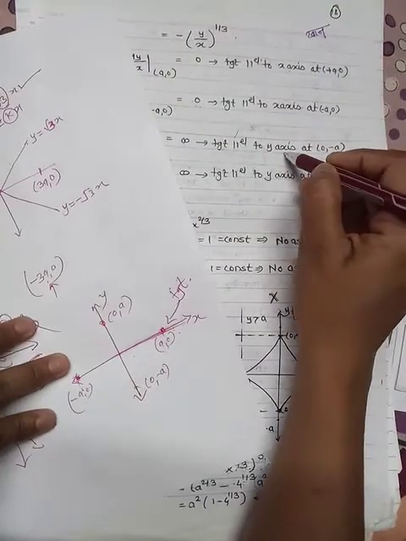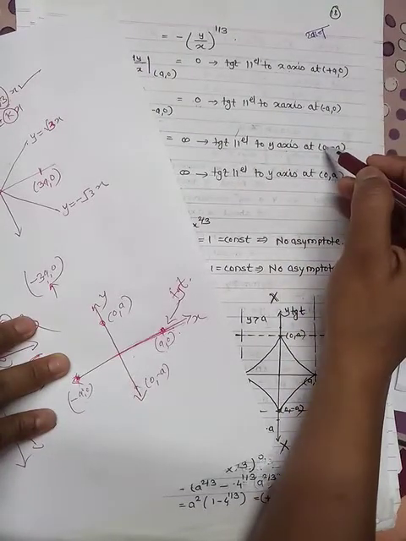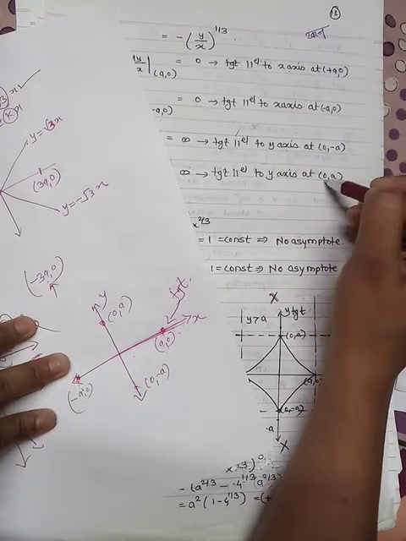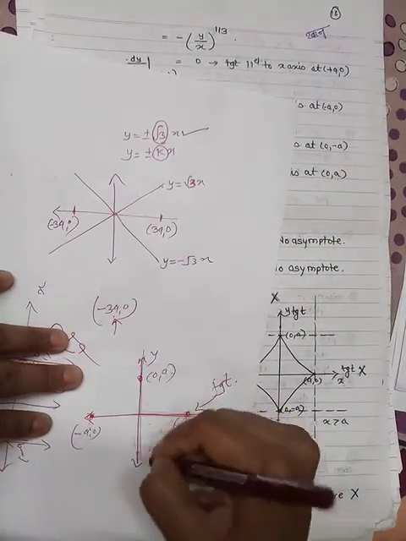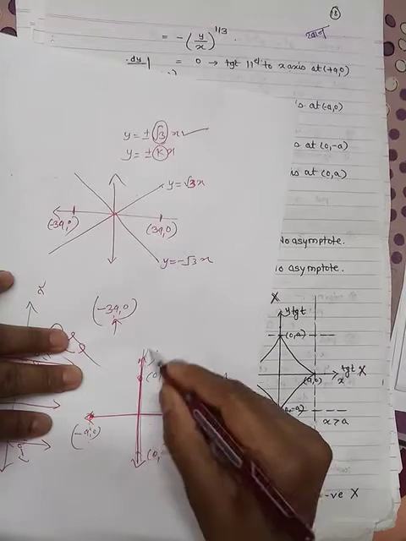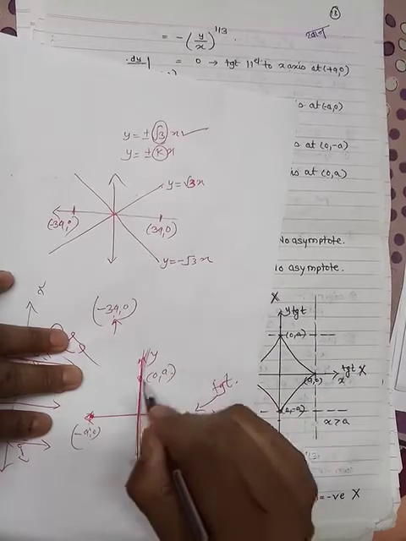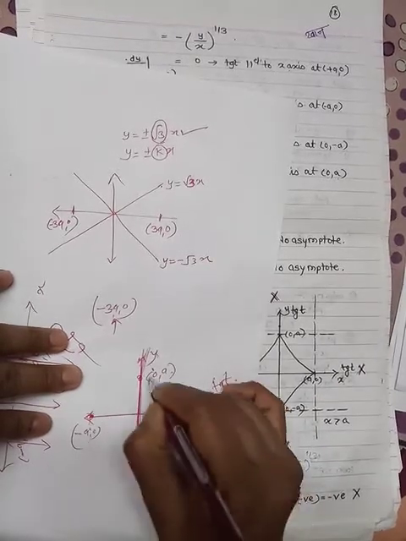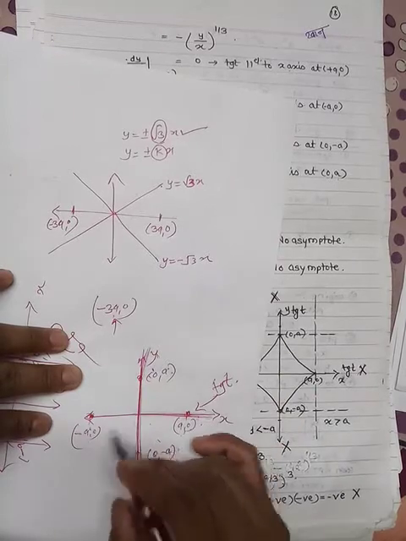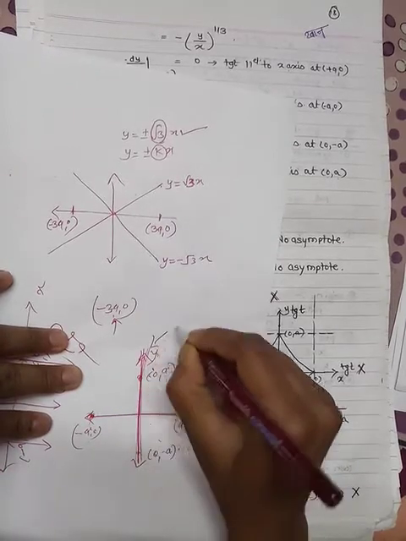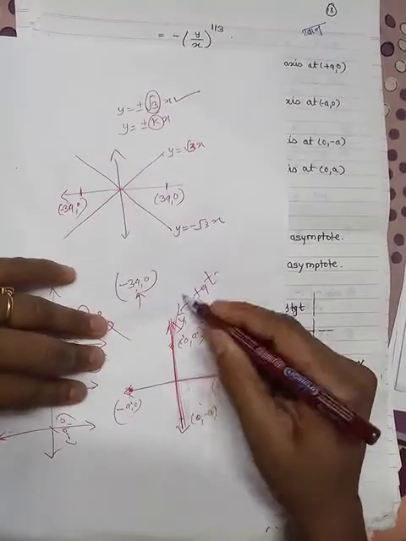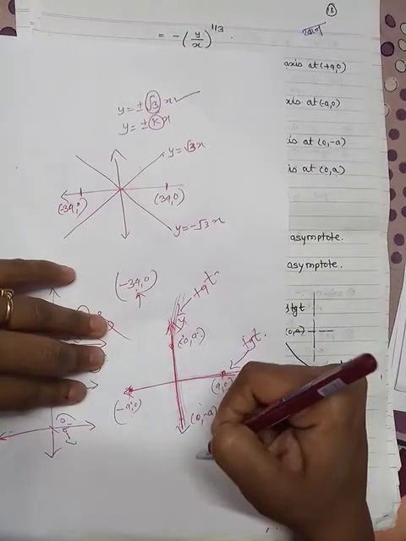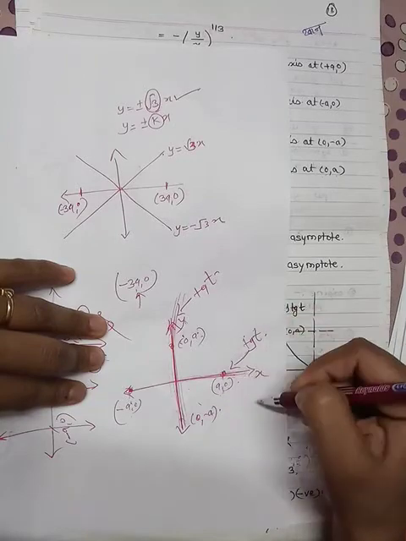Hence the x-axis is your tangent. Then the tangent parallel to the y-axis passing through (0, minus a) and (0, a). So which is that straight line? The y-axis itself is your tangent. No other tangent is there.